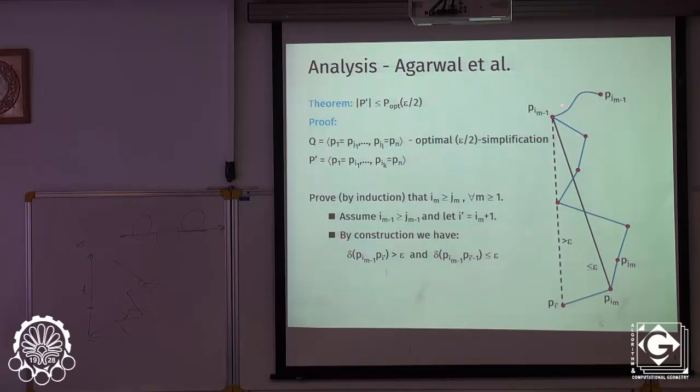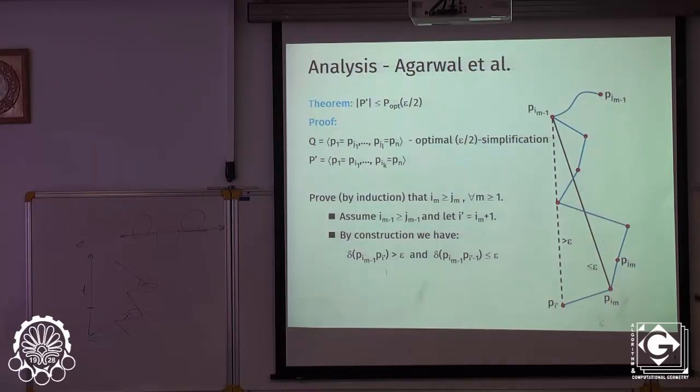So let's say up to here the greedy strategy after a certain number of steps is here, and the optimal simplification for epsilon half with the same number of steps is here. Let's assume that the optimal segmentation for epsilon half can make more progress than my greedy choice.